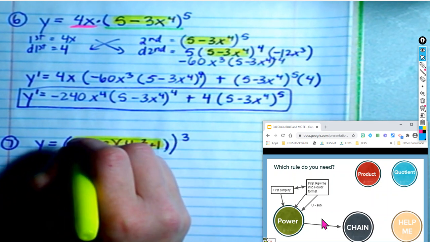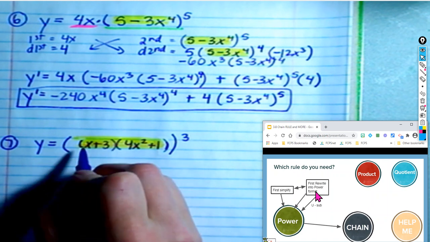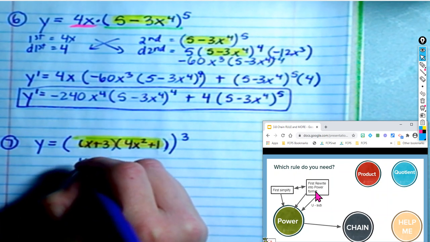Oh. And I have a suggestion. Let's look at our chart here. Can we simplify anything? Do we need to write anything into power format? I think I can simplify that yellow part by foiling.